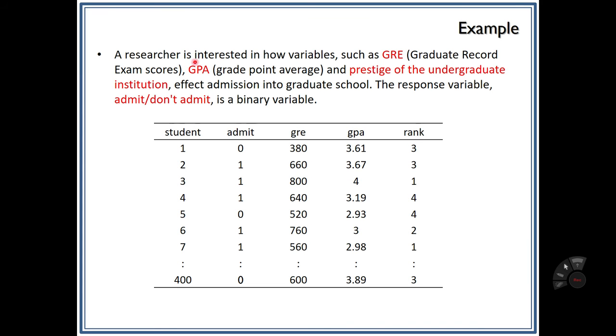A researcher is interested in how variables such as GRE, this is a kind of English examination such as TOEIC, TOEFL, something like this, that we have to take if we want to go to graduate school in the United States, and GPA and prestige of the undergraduate institution, how those three variables affect admission into graduate school.